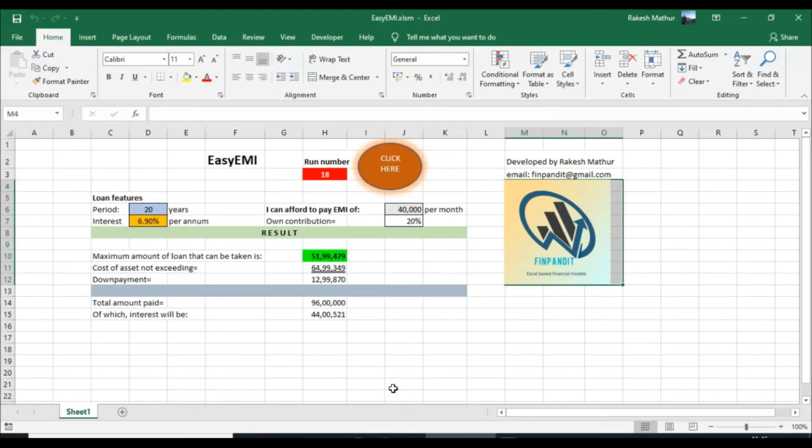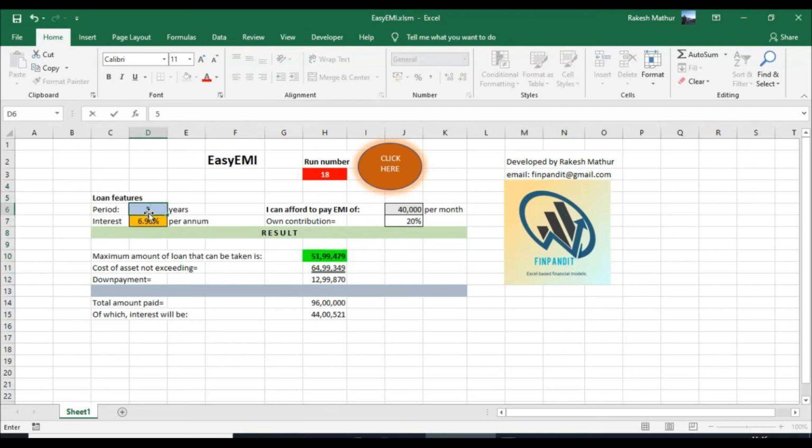Now this model is useful for all kinds of loans. For example, suppose you are looking to buy a car. The bank is going to give you a loan for say 5 years at a rate of interest which is say 7.75%, and the EMI that you are willing to pay towards your car is say 15,000 rupees.